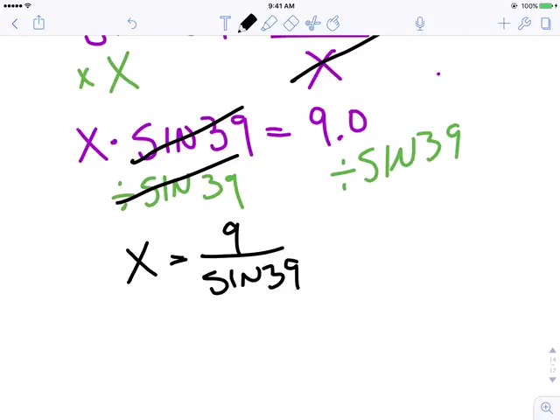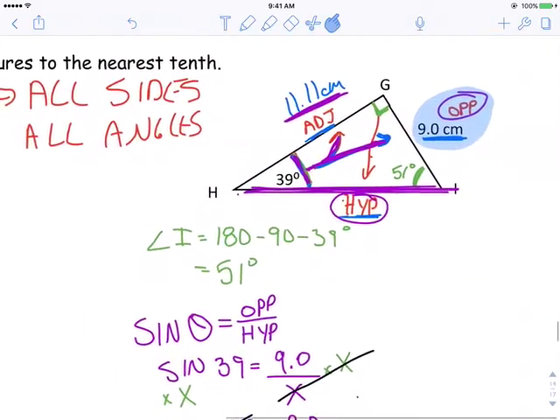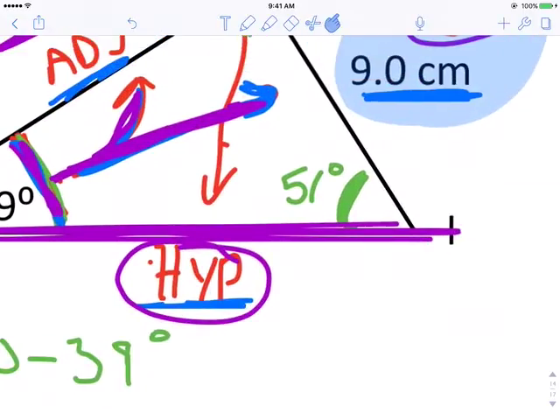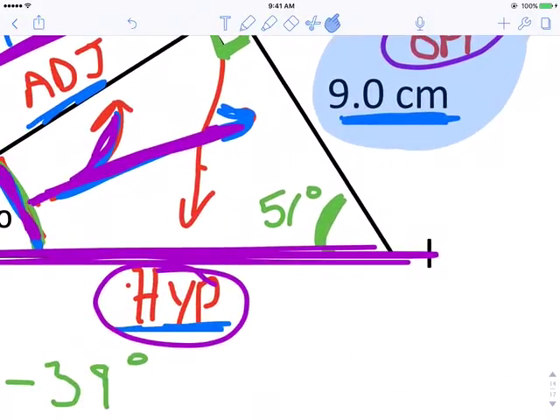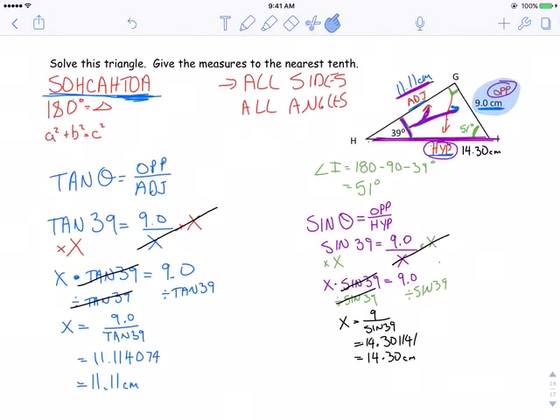Punch that into your handy-dandy calculator, you get 14.301141, or 14.30 centimeters. I can go back to my triangle: 14.30 centimeters. Now I have solved that triangle as well.